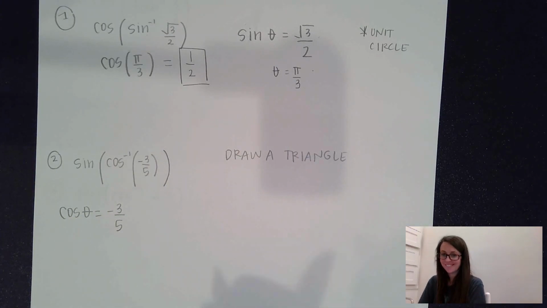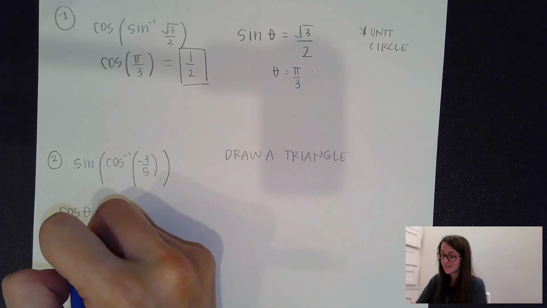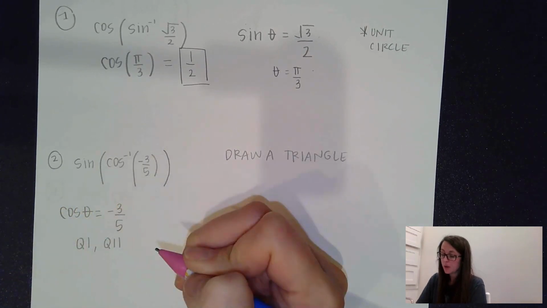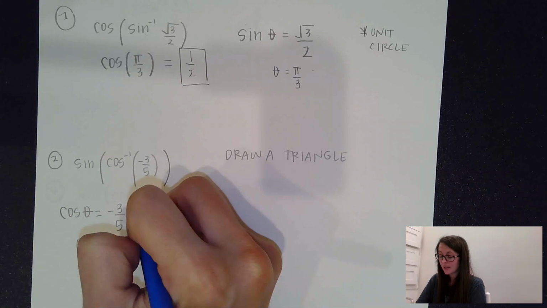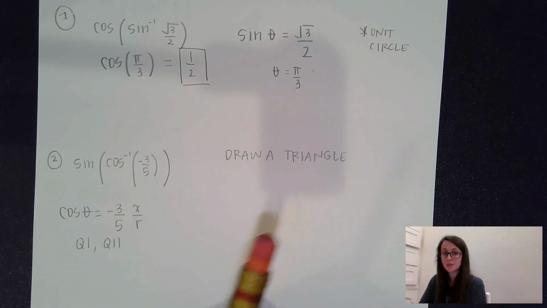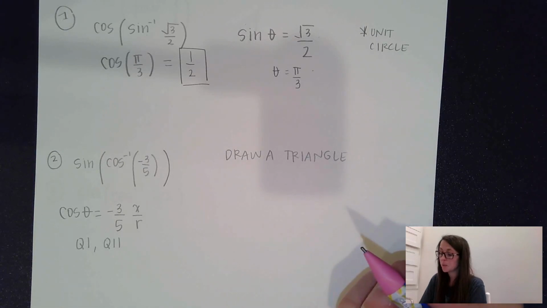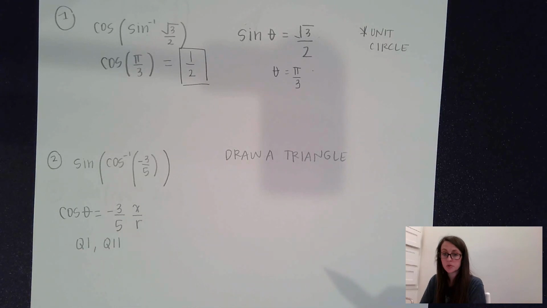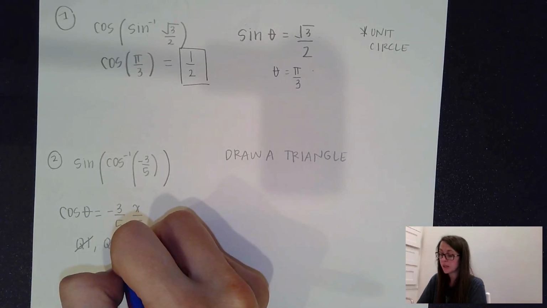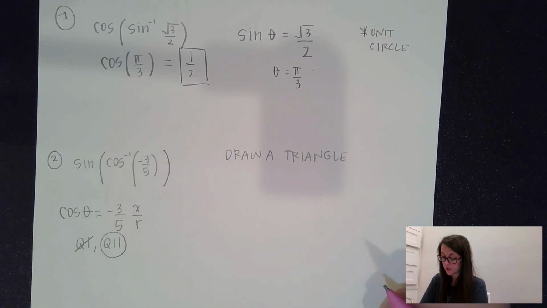So inverse cosine lives in quadrant 1 and quadrant 2. But cosine is x over r, right? It's x over your r. So where is your x value going to be negative, in quadrant 1 or quadrant 2? Quadrant 2. So theta here is going to live in quadrant 2.